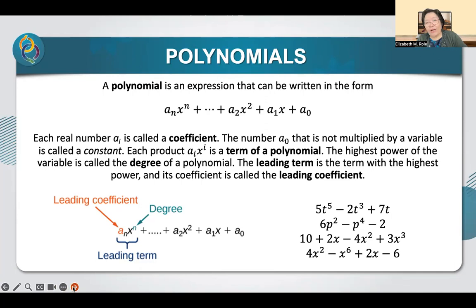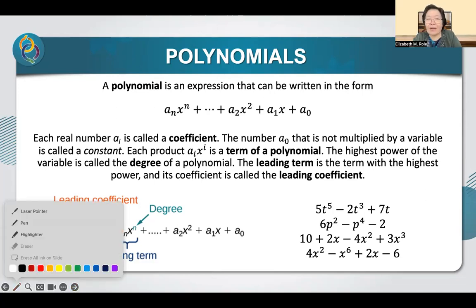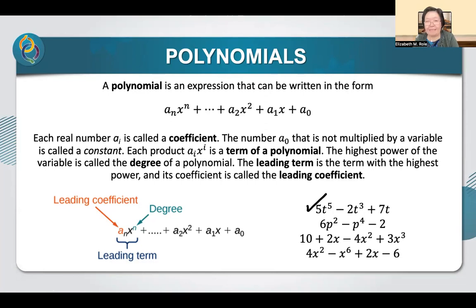Yes. So like I have 5t to the 5th minus 2t cubed plus 7t. What is the degree of that polynomial? Yes, the degree is 5.